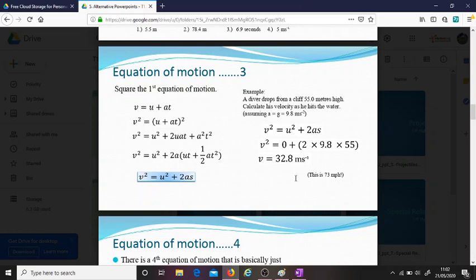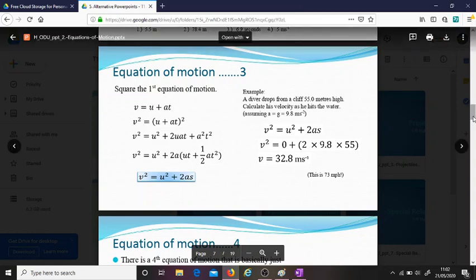So the reason we'd use this equation and not S equals ut plus half at squared is because that doesn't have v in it, and v is what we need to work out. So v is the subject because we need to know what v is, so we use the v squared equals u squared plus 2as. When you put the numbers in there, you get a velocity of 32.8 meters per second.